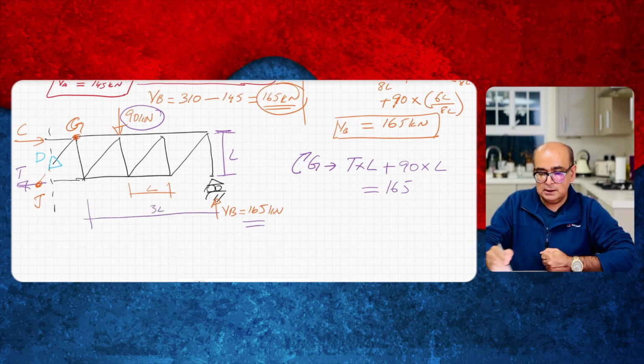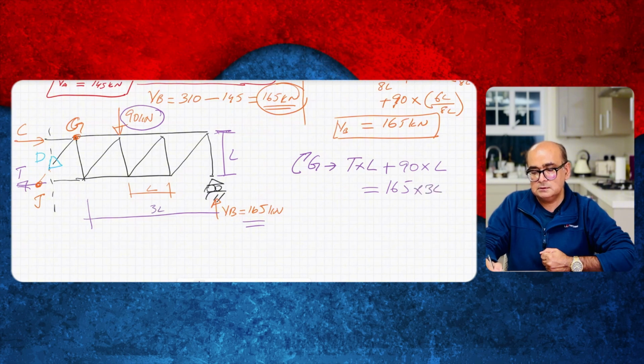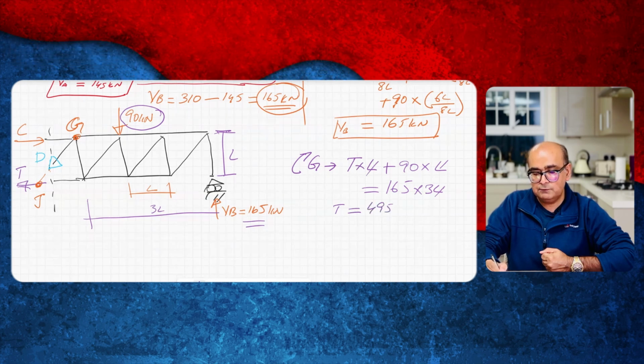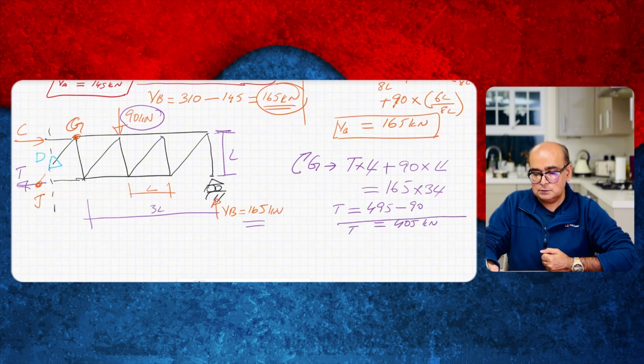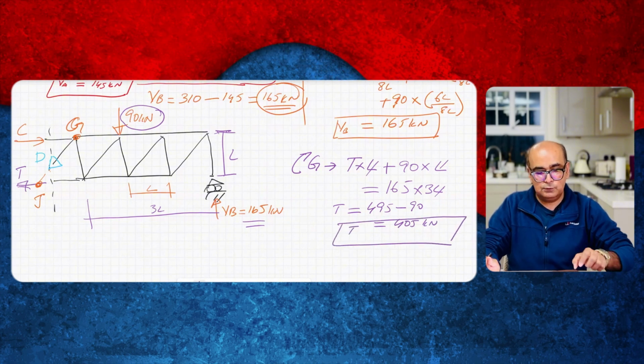It is 3L. So times 3L, L and L will get cancelled. So I will get T is equal to 165 times 3 is 495. Take away 90. So answer is 405 kilonewton. So tension force is 405.